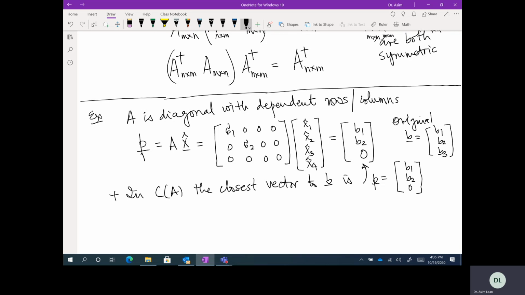So imagine you are in a three-dimensional space and your column space is the floor. So obviously the Z component is 0 and your projection is on the floor.